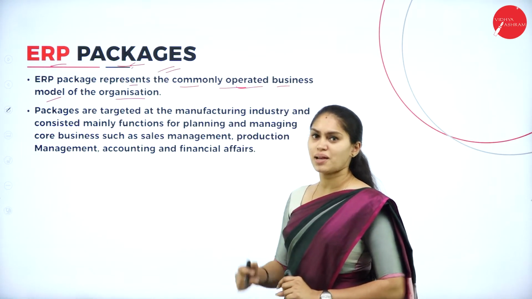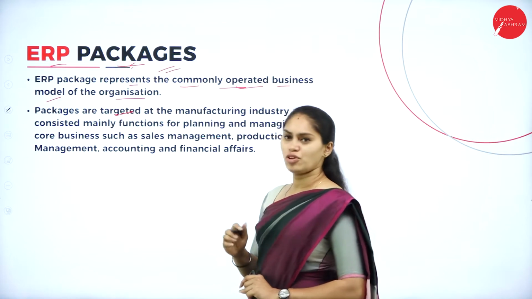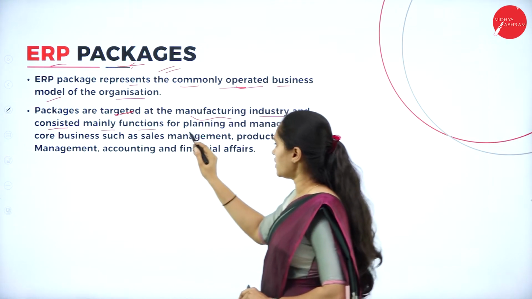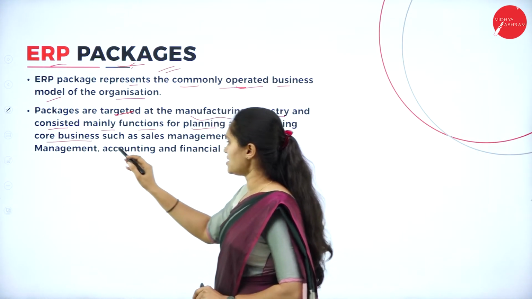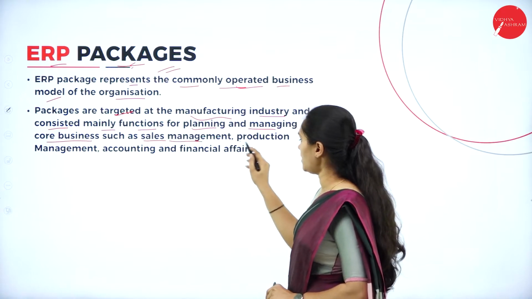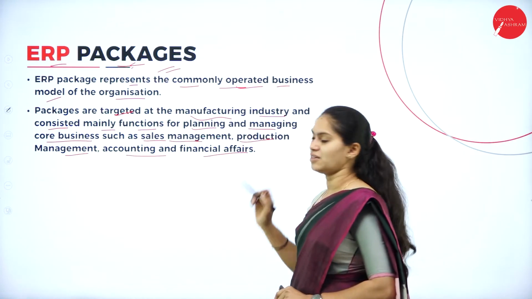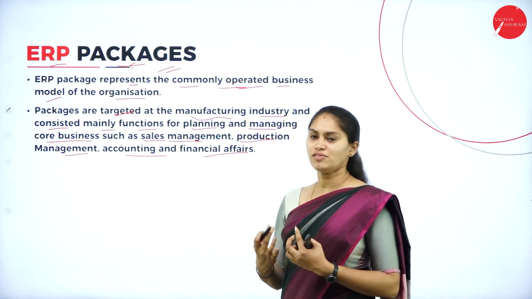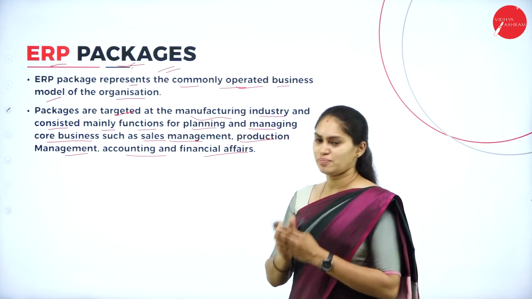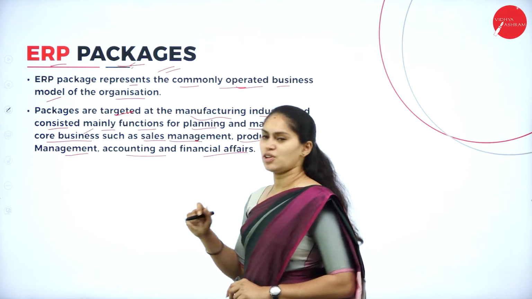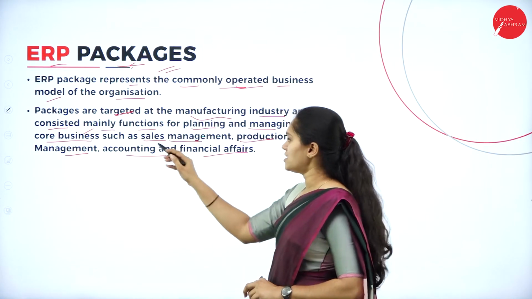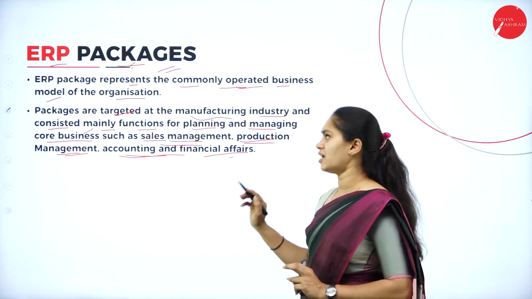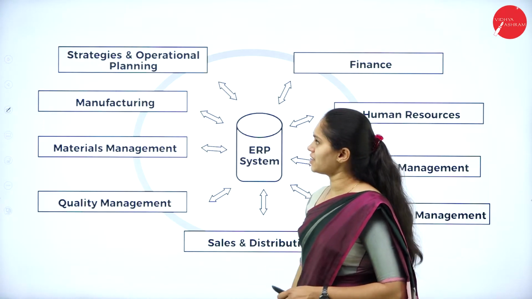These packages are mainly targeted at the manufacturing industry and consist mainly of functions for planning and managing core business, that includes sales management, production management, accounting and financial affairs. So this ERP package is a bundle of planning and manufacturing, and it also includes the core business related to sales management, production management, accounting and financial affairs.